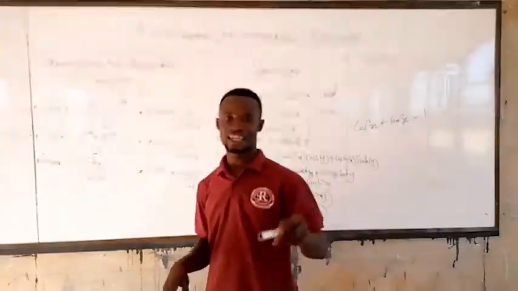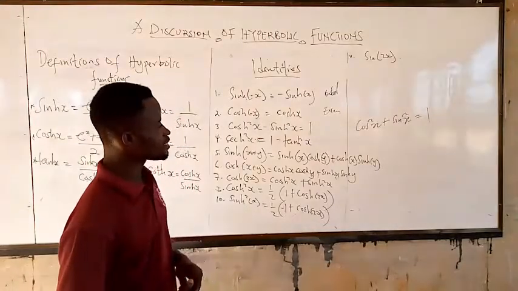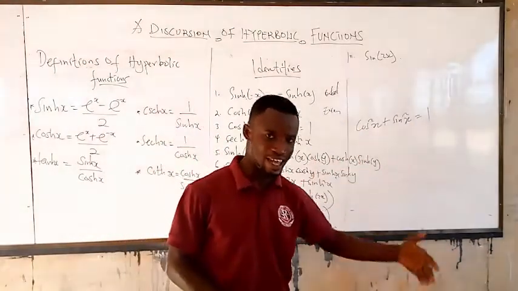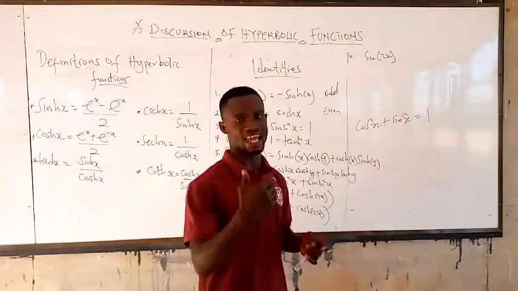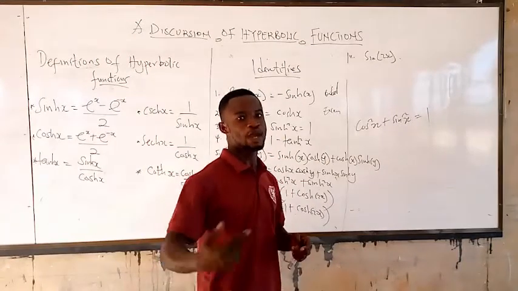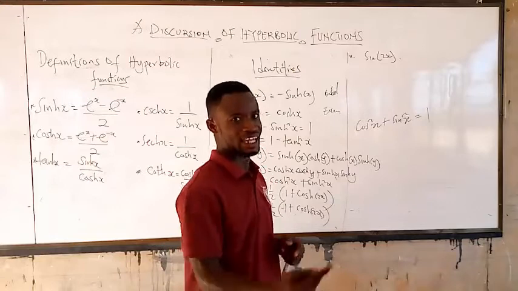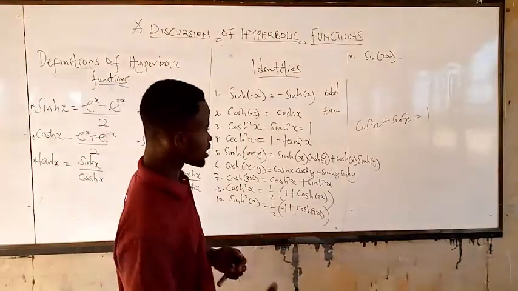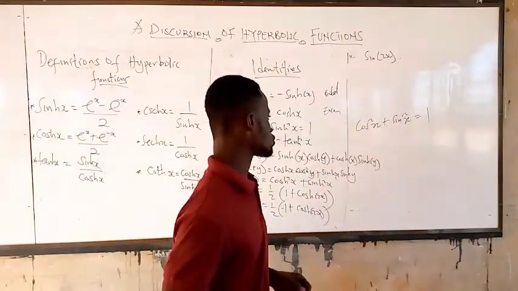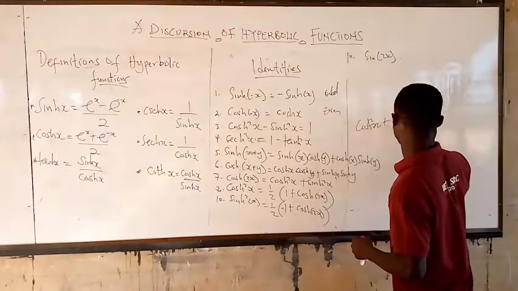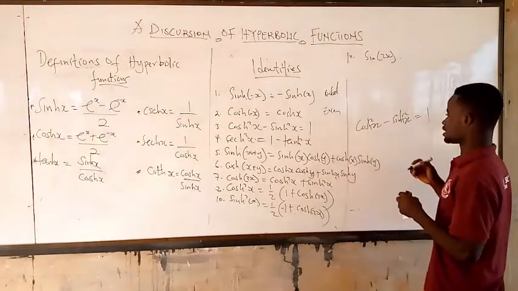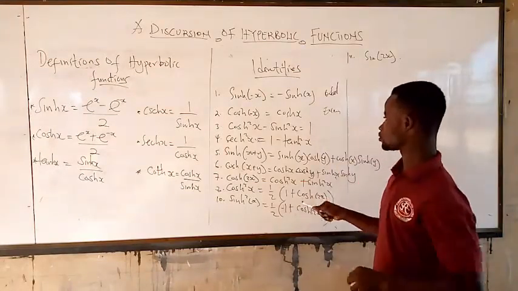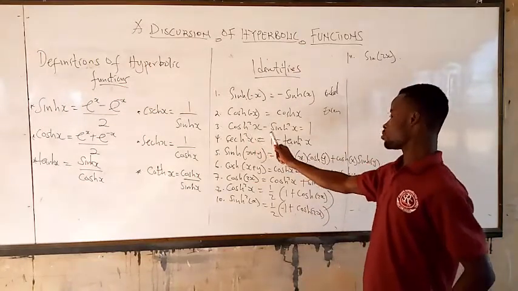The reason is that in hyperbolic identities, whenever you relate to the trig ones, it is somehow the same, but wherever we have a sinh squared, the sign before the sinh squared changes to the opposite, that is, to negative. You can also identify some others. Here, that will be negative, and look at this one.